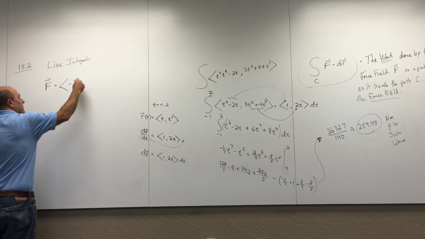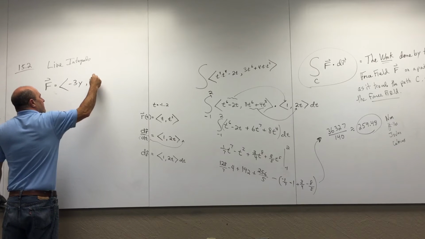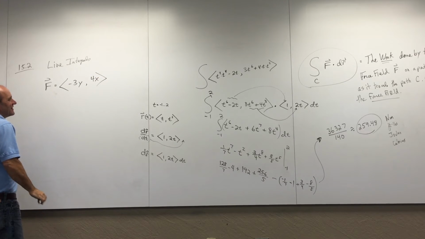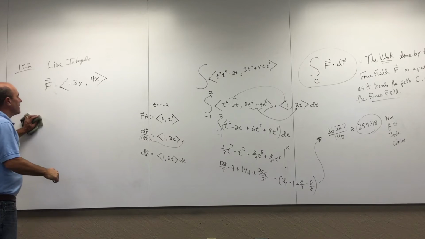Negative 3y, 4x. That's my vector field. It's kind of a strange, easy little vector field.